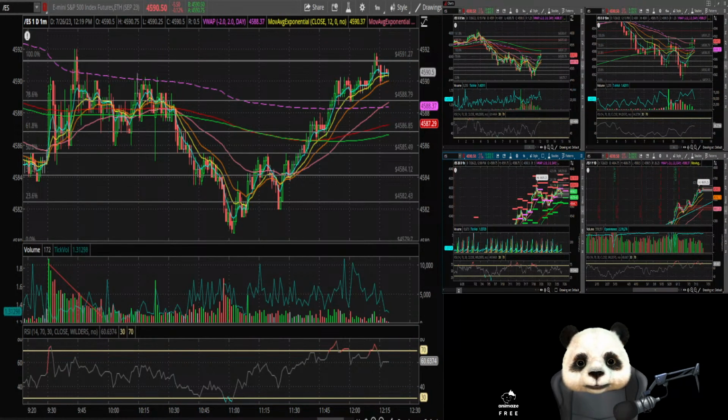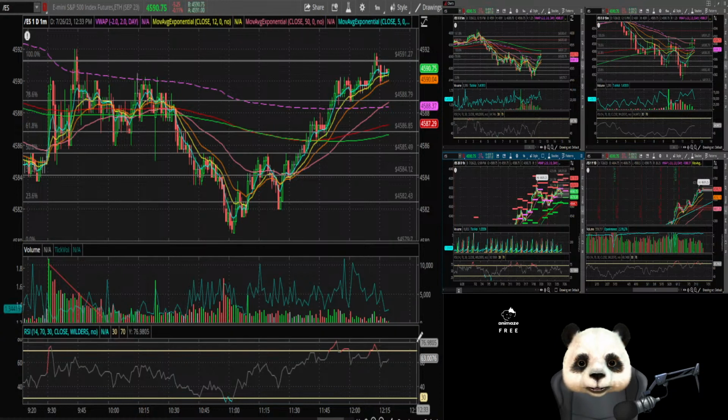Footprint charts are great. Order flow is great. I'm definitely using all that. I have some of that up on my screen, and I'm also using Bookmap on a different screen, but I don't have that available on the stream, unfortunately. Different things like that are really important to help me as a trader.